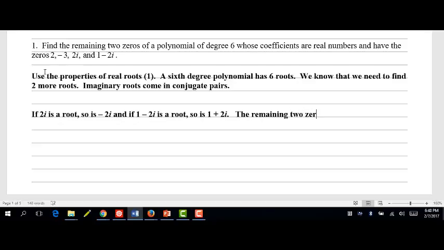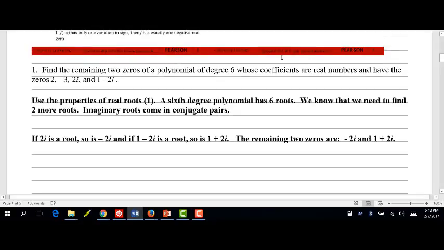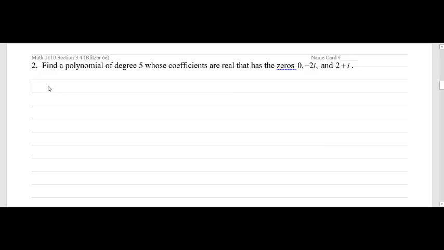So in other words, the remaining 2 zeros are 1 minus 2i and 1 plus 2i. So that's really all I'm being asked to do in this first problem, is find the remaining zeros.